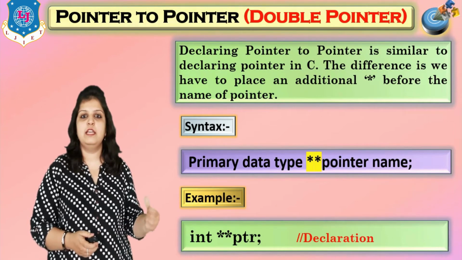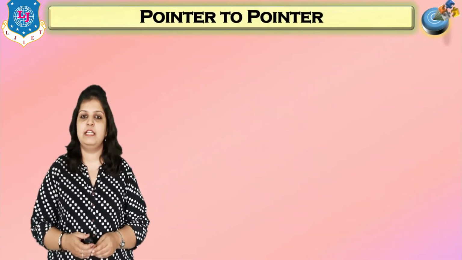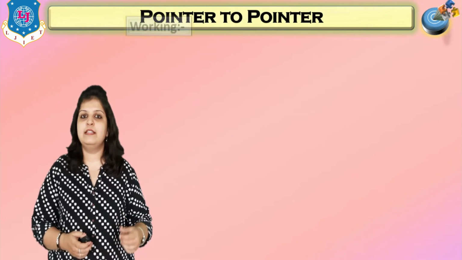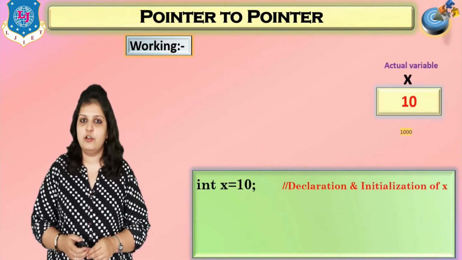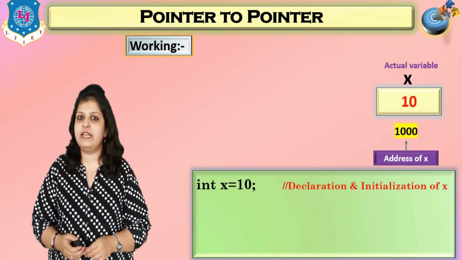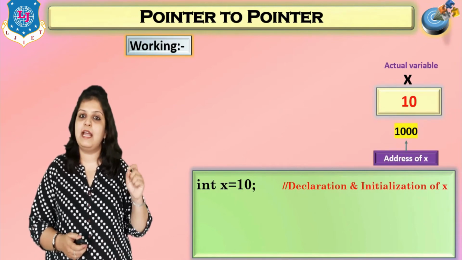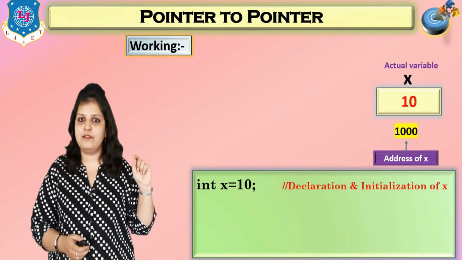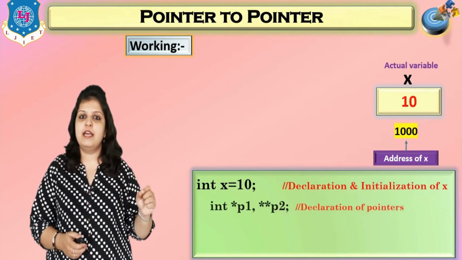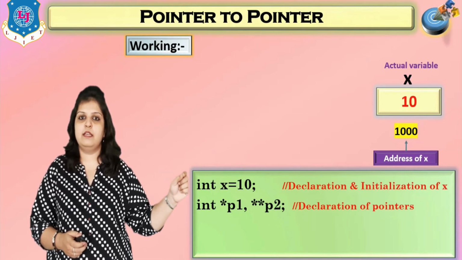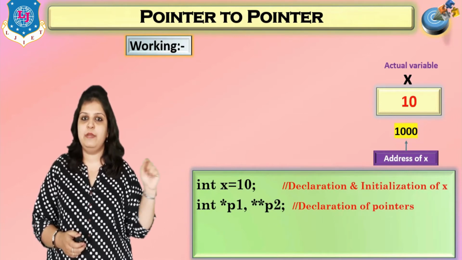So first of all, here you can see in the example int x = 10. When this statement executes, one memory address will be allocated for the x variable. Here I am taking one random address, that is 1000, and at that location the value 10 will be stored. Now just to see the second statement, int *p1, **p2.